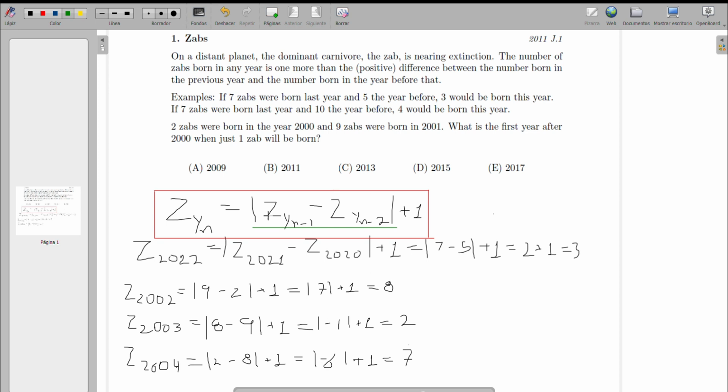So this gives us 0. So that when we add 1, we will just have one sab born in year n.